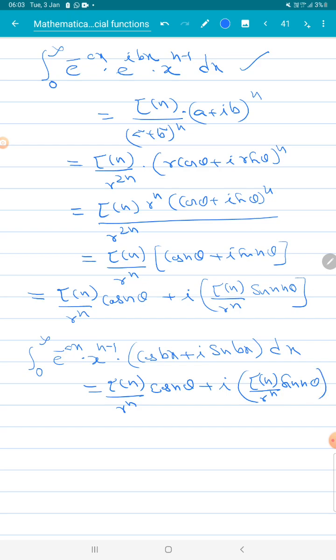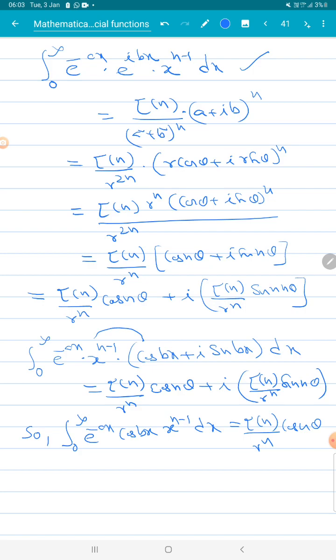Now I compare the real and imaginary parts. The real part is the integration from 0 to infinity of e power minus ax into cos bx into x to the power of n minus 1 into dx, which is equal to gamma of n by r to the power of n into cos n theta.